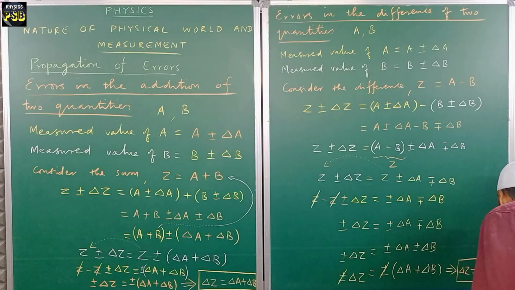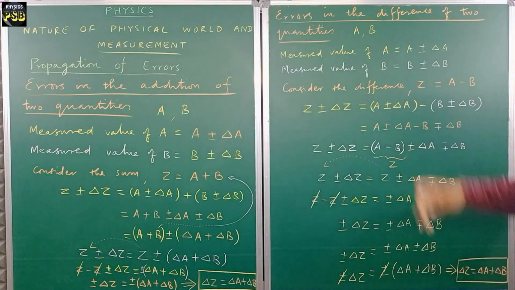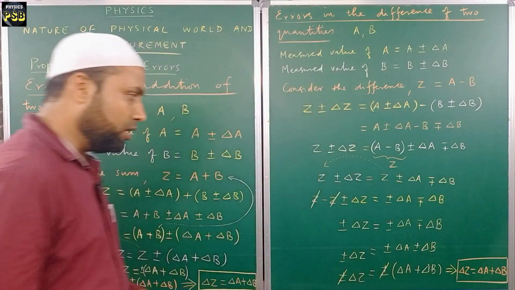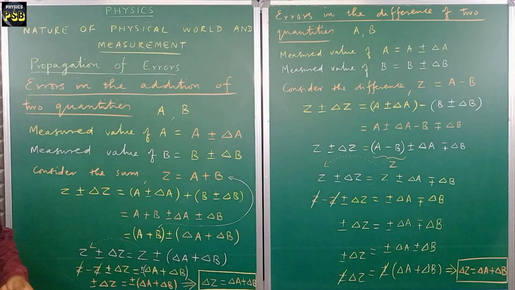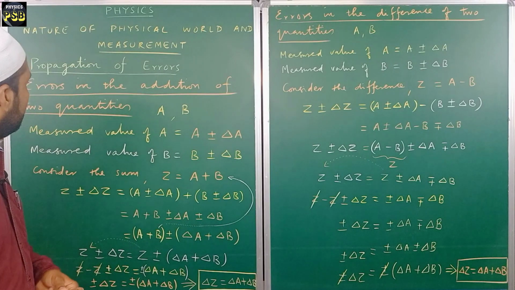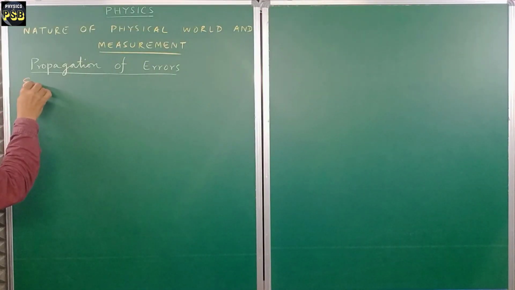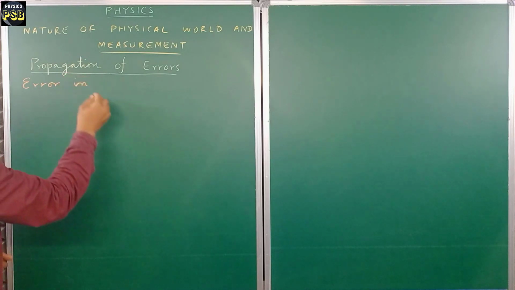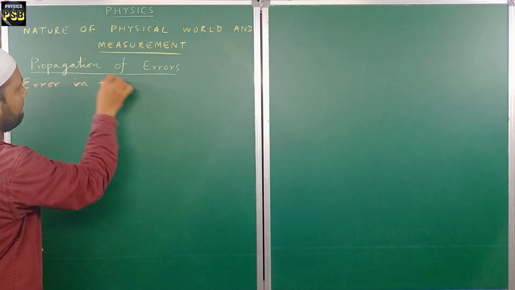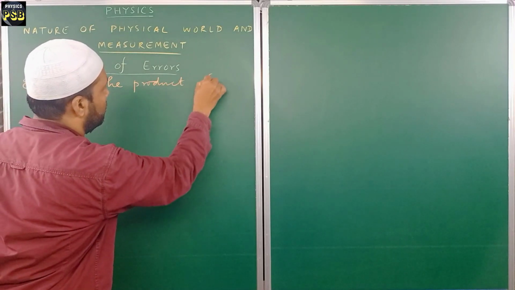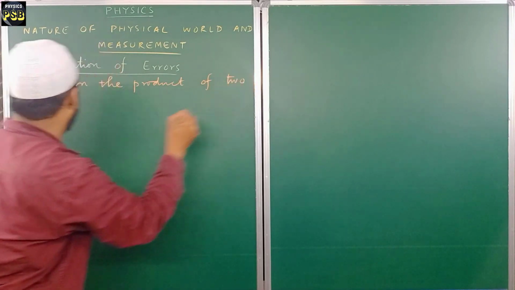So in both the cases, whether you add or subtract, the total error we encounter is the same. Now, we will calculate the error in the product of two quantities.